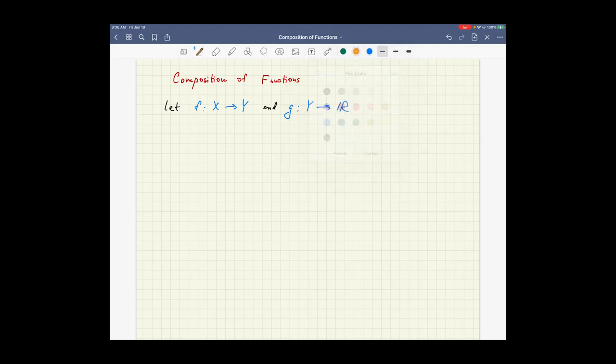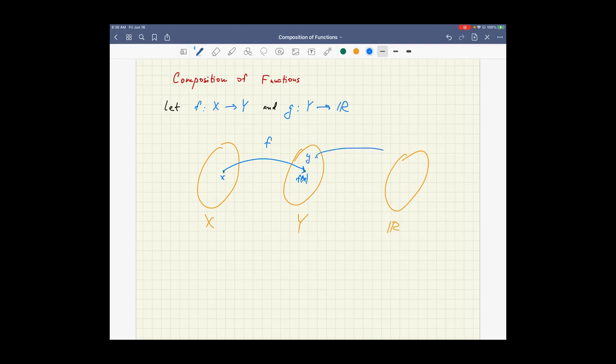So graphically, we have X, we have Y, and we have the real line. And f maps elements of capital X to capital Y. And g maps elements of capital Y to the set of real numbers.